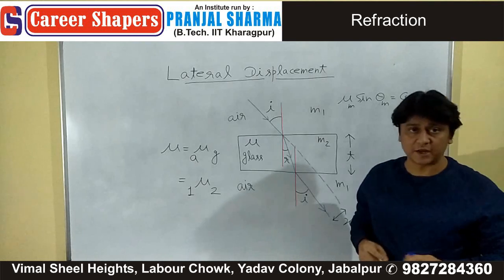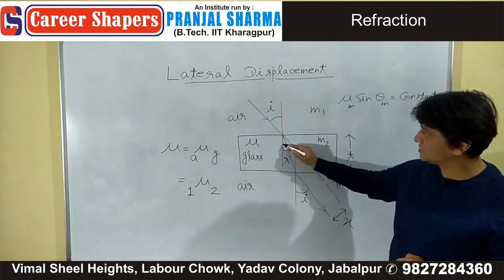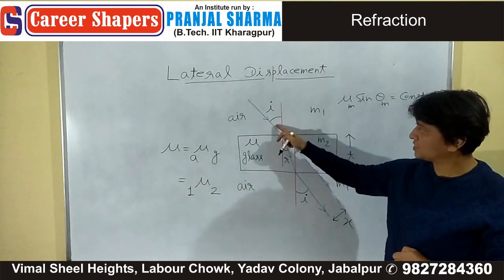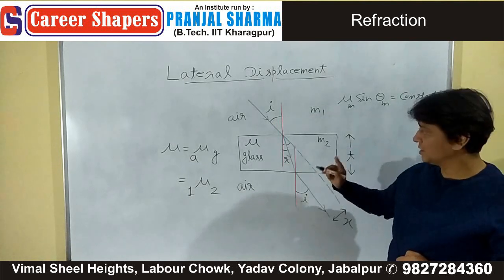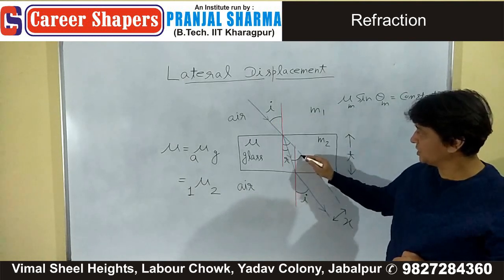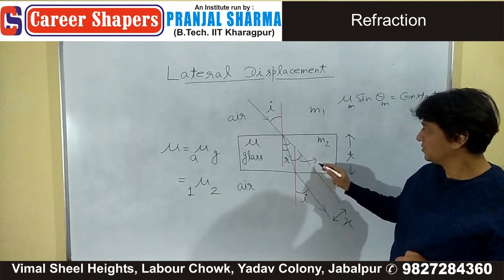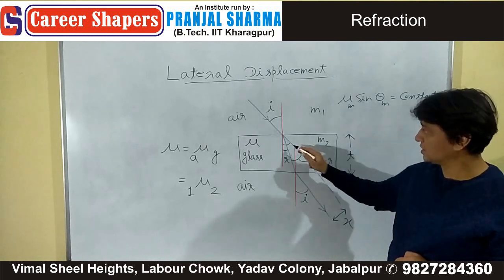If this angle is I, then this is also I. Opposite angles. This is I, this is R. That means this much is I minus R. This is I minus R.